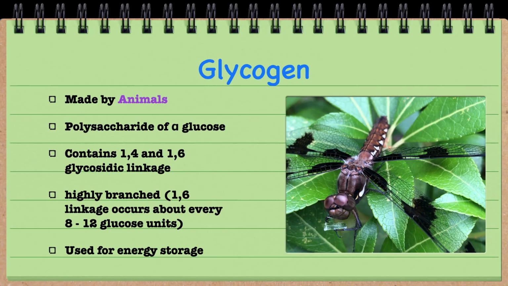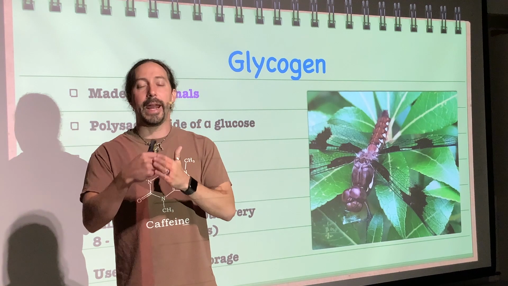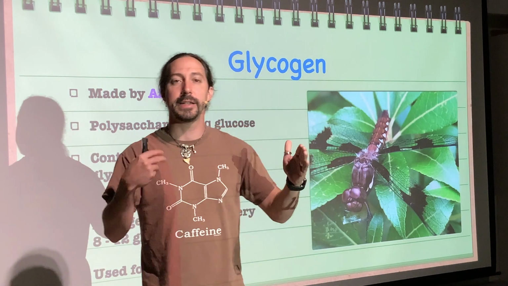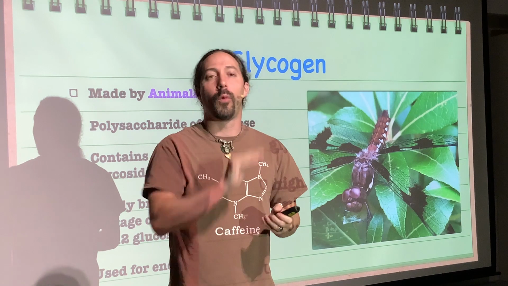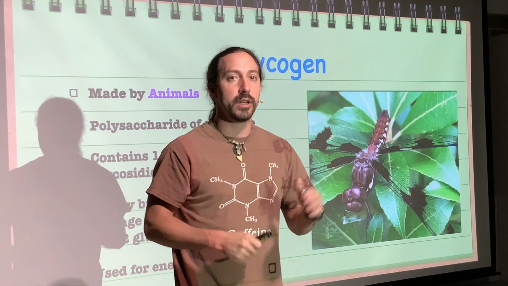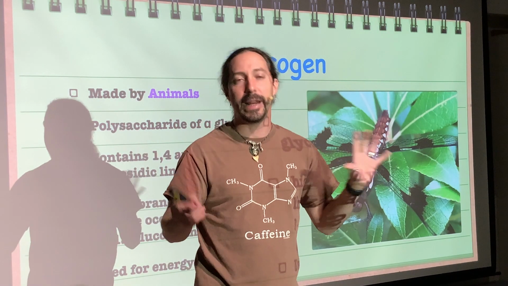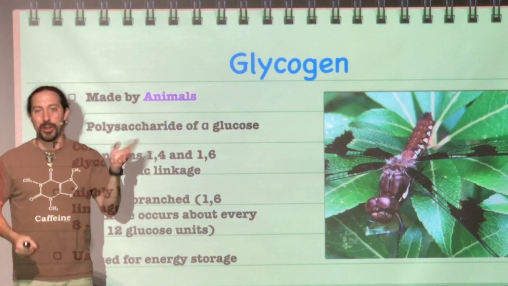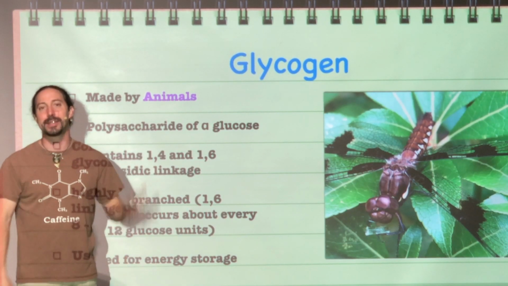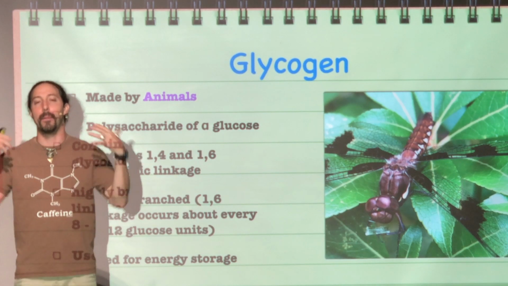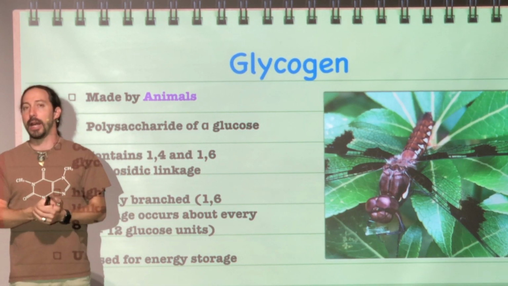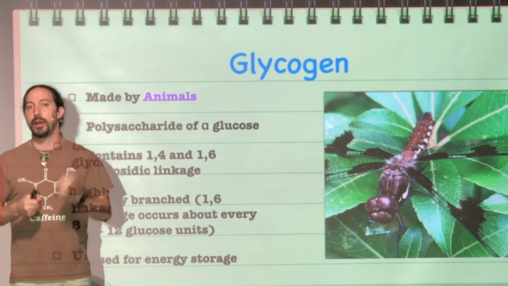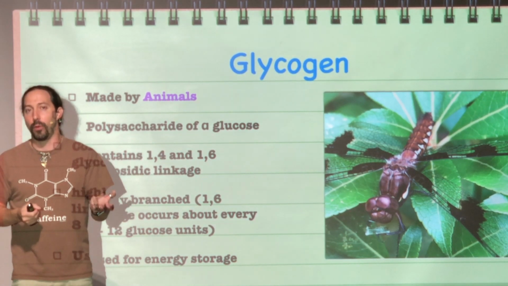Because the glucose is linked in both a 1,4 and the 1,6 glycosidic linkage, between 8 to 12 units of glucose that are bonded together in a 1,4 linkage, an alpha 1,6 is also going to be formed. So they're going to branch about every 8 to 12 units. Starch, very much straight chains, and glycogen, highly branched. Both using alpha glucose, one having a lot of 1,6 linkage, the other one mostly just the 1,4.